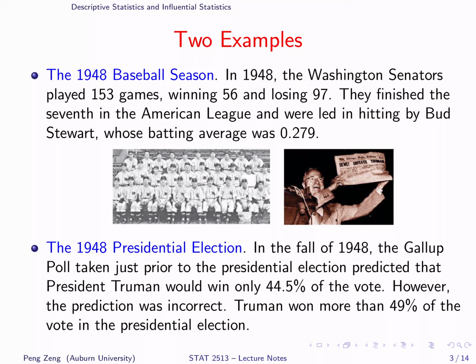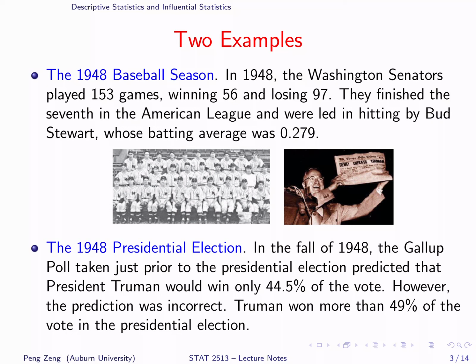In 1948, the Washington Senators played 153 games, winning 56 and losing 97. They finished the seventh in the American League and were led in hitting by Bud Stewart, whose batting average was .279. If you read this paragraph, you may notice that there are many numbers.